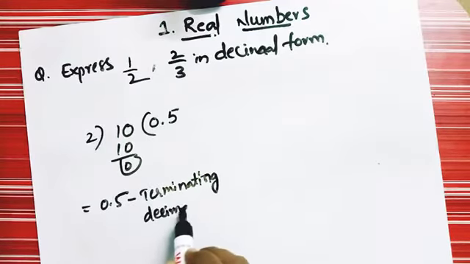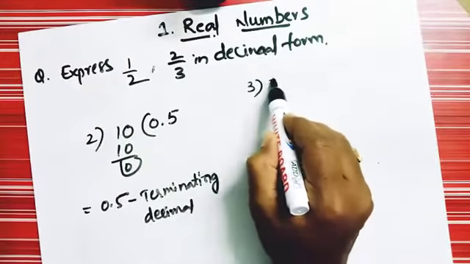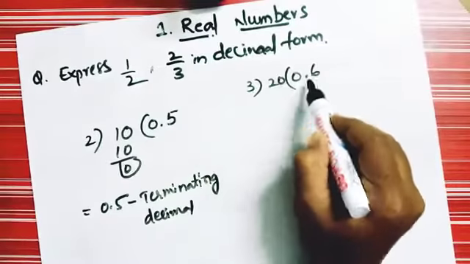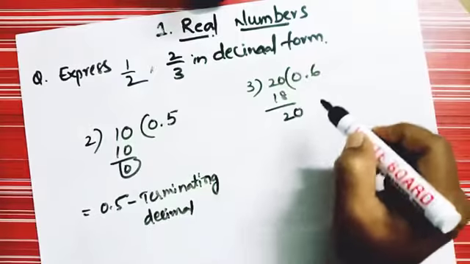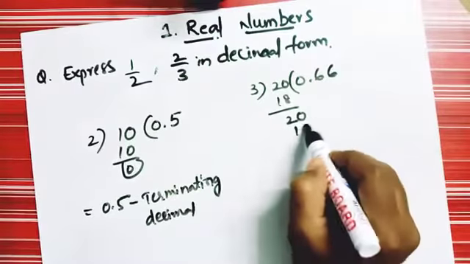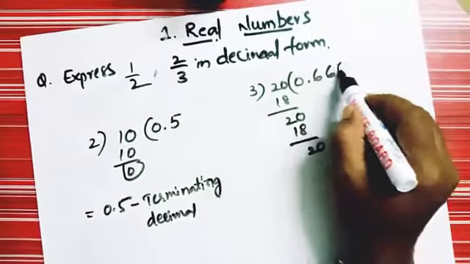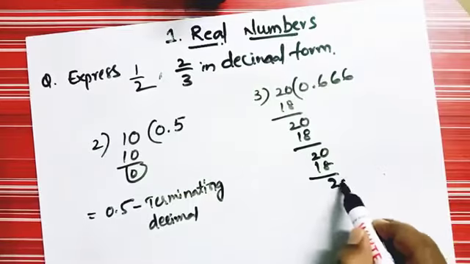The next question is 2 by 3. Here also you should divide with 0. Then 3 times 6 are 18. Then the remainder will be 2, and you should take 0 here. Again 3 times 6 are 18, the remainder will become 2, again 0, again 3 times 6 are 18. Then this will go on like this. So there is no end for this answer.